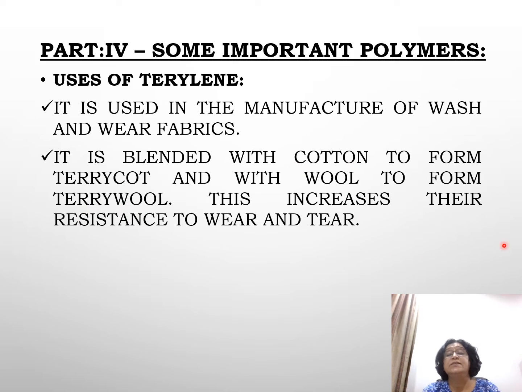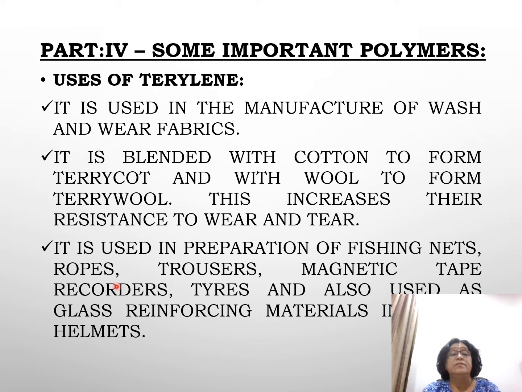And this increases their resistance to wear and tear. Then it is used for the preparation of fishing nets, ropes, trousers, magnetic tape recorders, tires, and also it is used for making glass reinforcing materials which are present in the helmets. So I think you understand what terylene is.